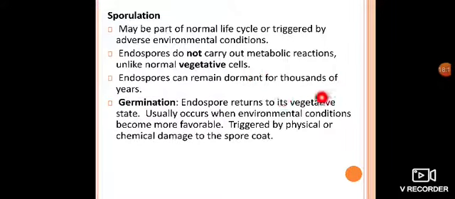Okay, so we already discussed that the dormancy period of the spore increases. Germination of endospores returns them to the vegetative state. Usually it occurs when the environmental conditions become more favorable, and is triggered by physical or chemical damage to the spore.